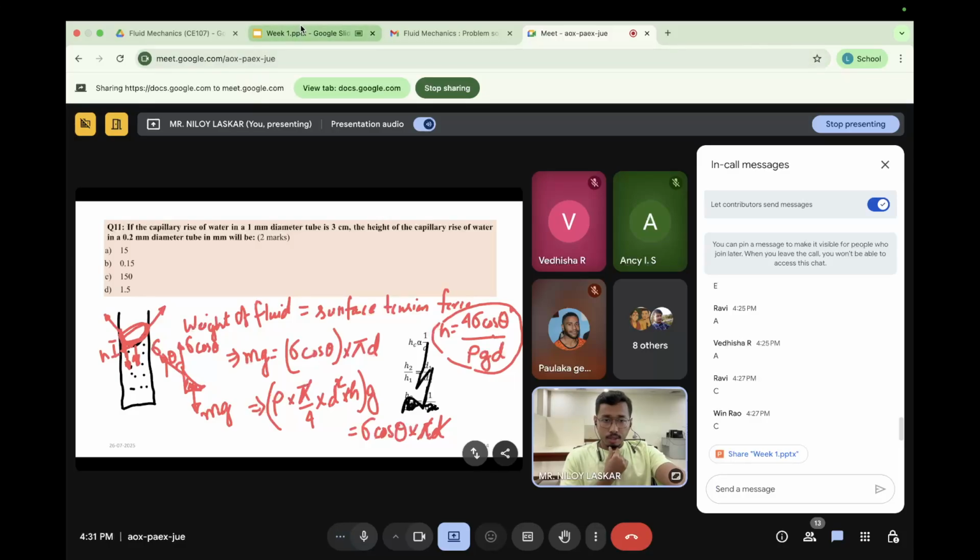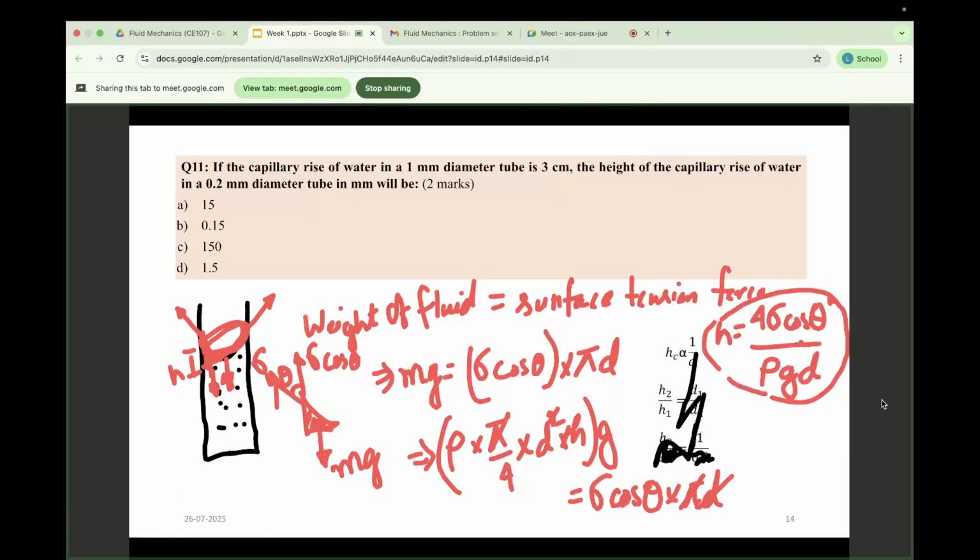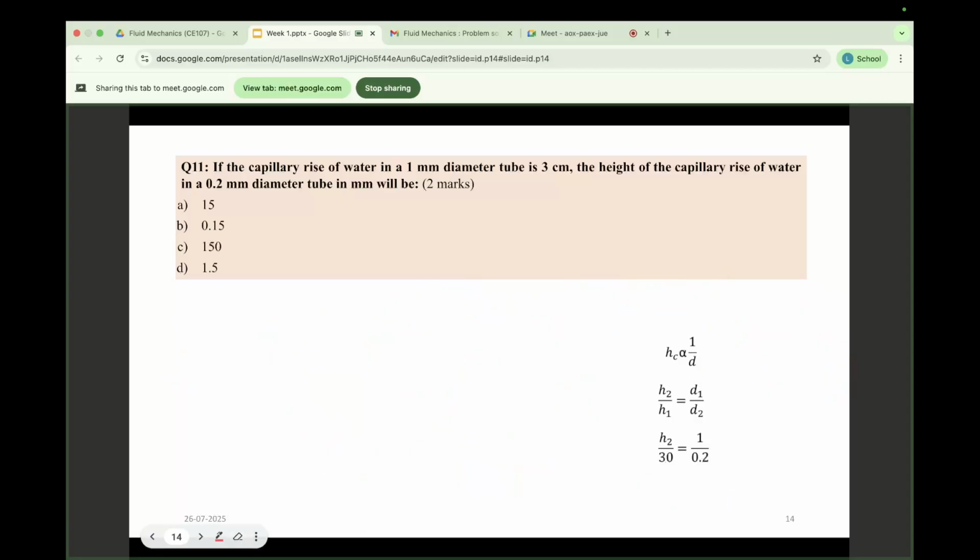I think you have understood this concept. Okay. I am assuming that you have answered this concept. So what I have got, I have got h equal to 4 sigma cos theta by rho g d.